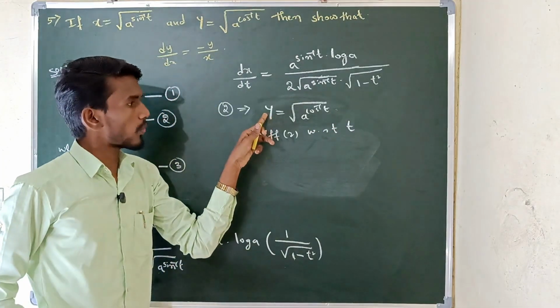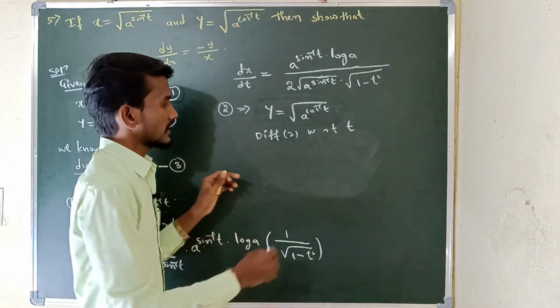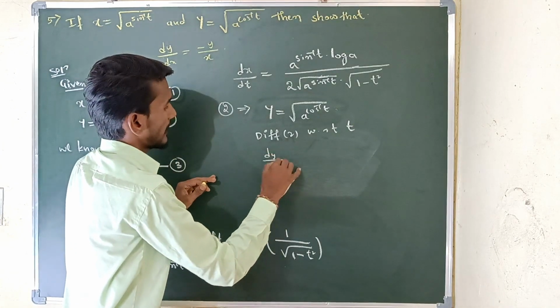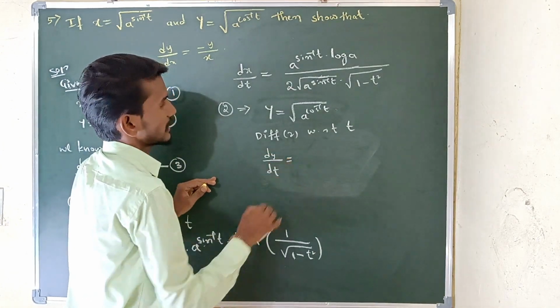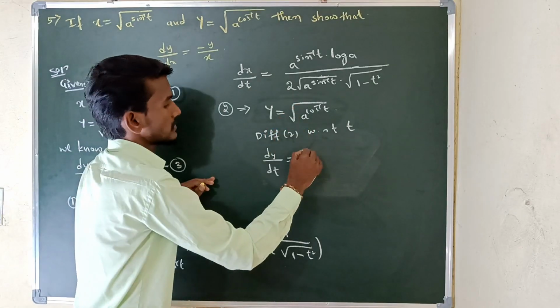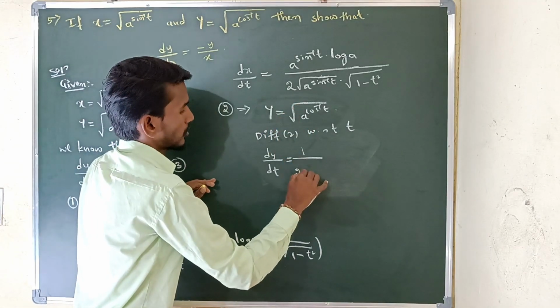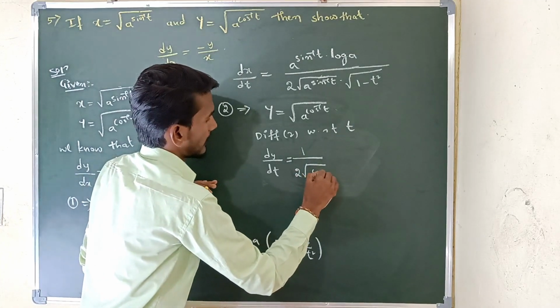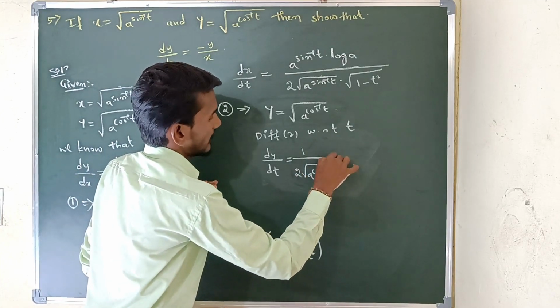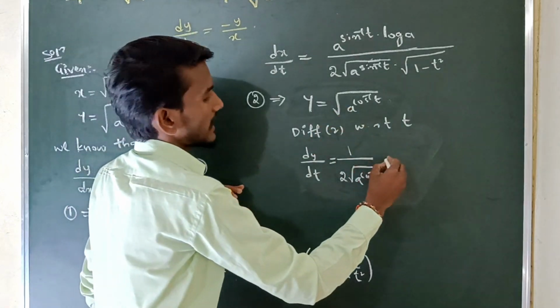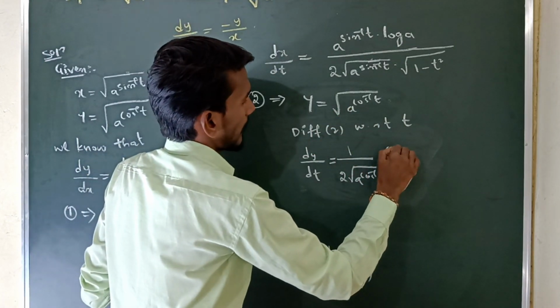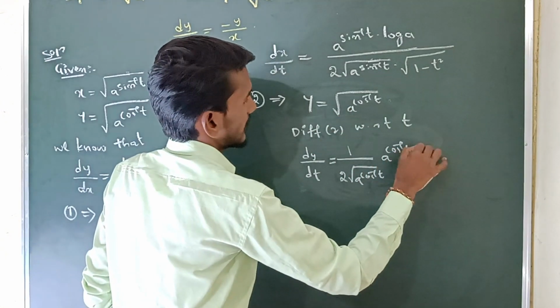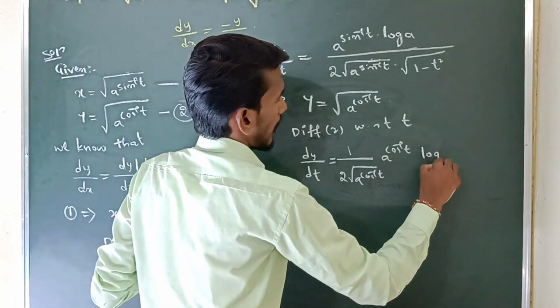Here observe, y derivative with respect to t, dy by dt is equal to: root x derivative is 1 divided by 2 root of a to the power cos inverse t, into a to the power x derivative, which is a to the power cos inverse t into log a.